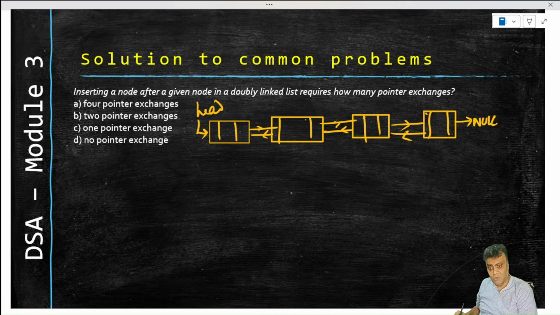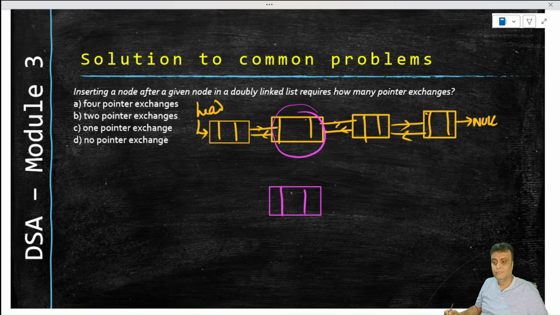So insertion of a node after a given node in a double linked list requires how many pointer exchanges? Let us say we have to insert it after this node. So our new node looks like this. How many pointer exchanges do we have to do?